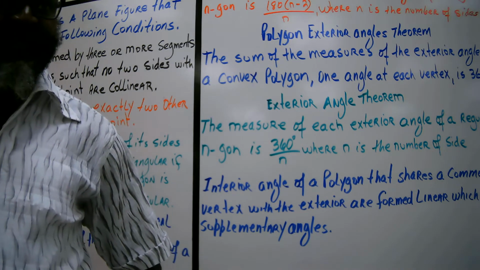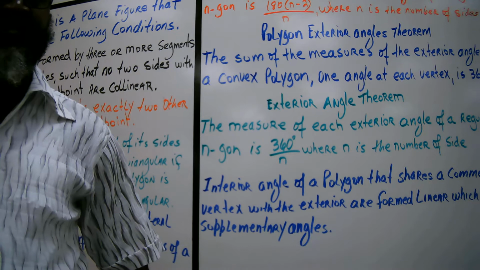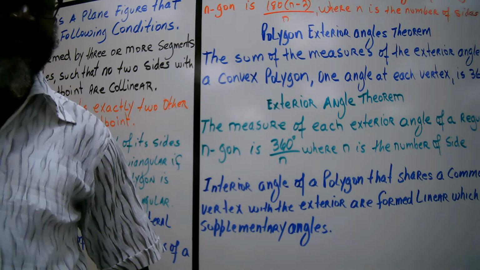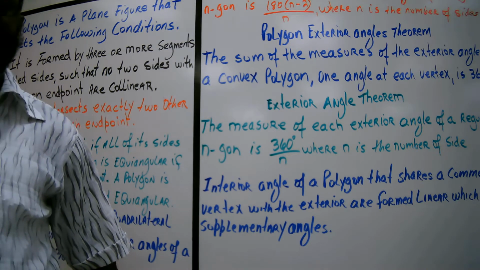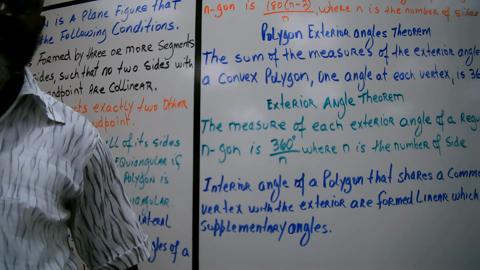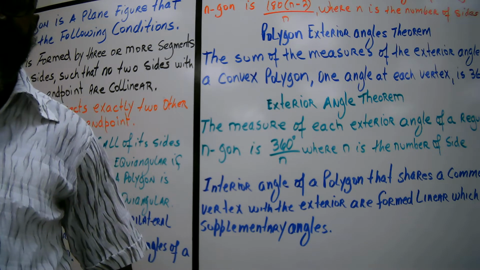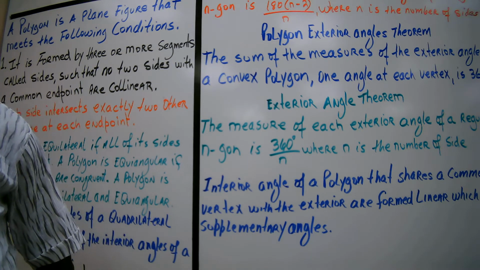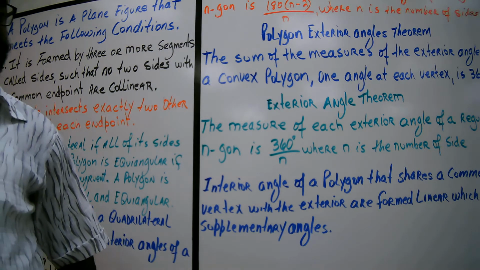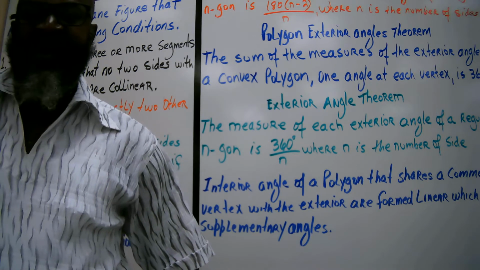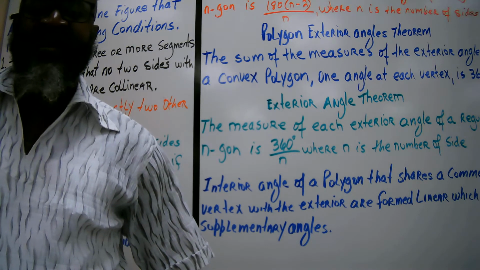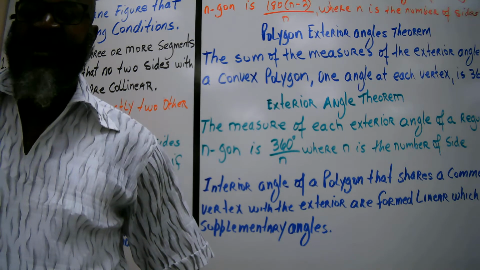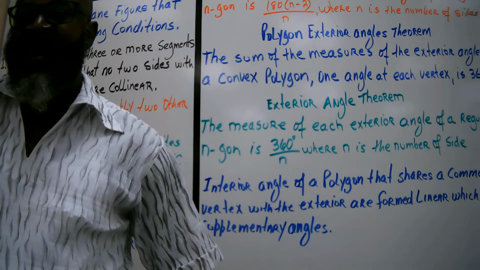Polygon interior angle theorem: for any polygon, the sum of the interior angles is 180 times (n minus 2), where n is the number of sides, meaning they will have to give you the name of the polygon.